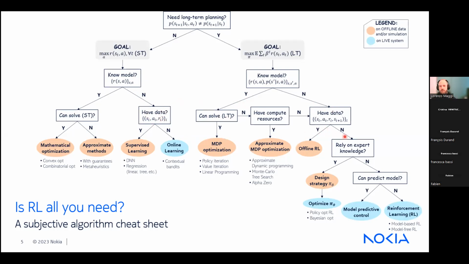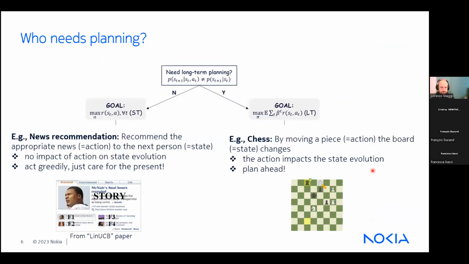Yes, no. Well, if not, do you actually rely on someone that knows the system so well that basically provides to you a good strategy that you then refine? And last but not least, can you actually predict the model? Probably you don't know it, but probably you can predict it over a short horizon. Let's delve into slightly more details for each of these options.